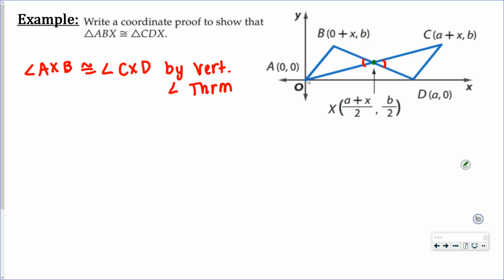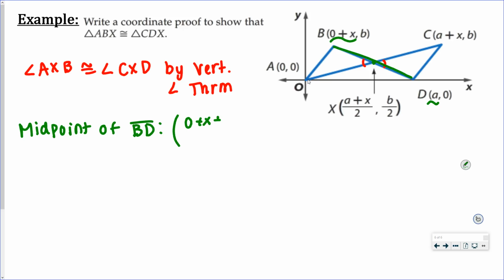All right, so what we're going to do is calculate the midpoint. I'm just going to start with BD. You could do AC first. Doesn't matter. Let's see if X is the midpoint of BD. So I have to add the x coordinates: 0 plus x plus a, divided by 2, comma, add the y coordinates, which is b plus 0 over 2.